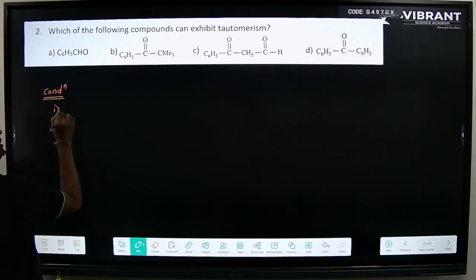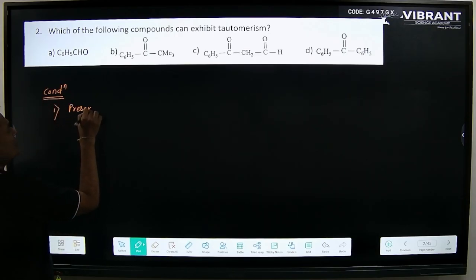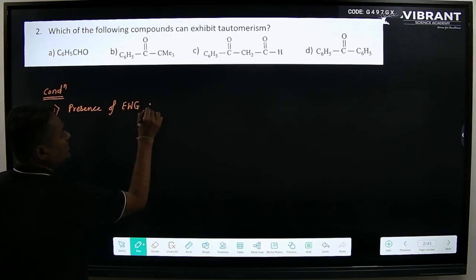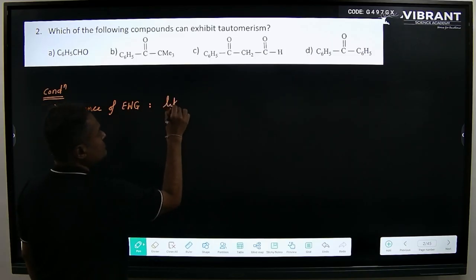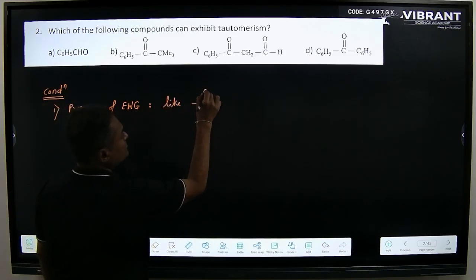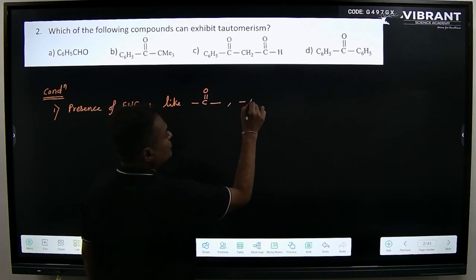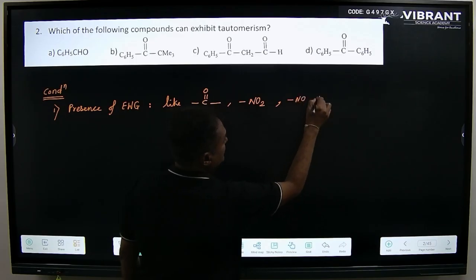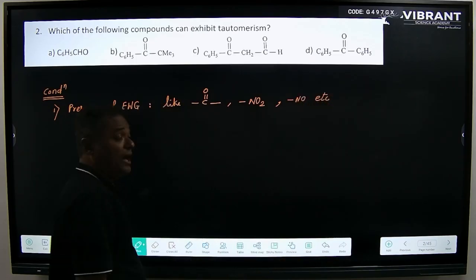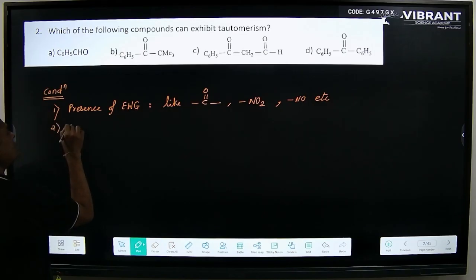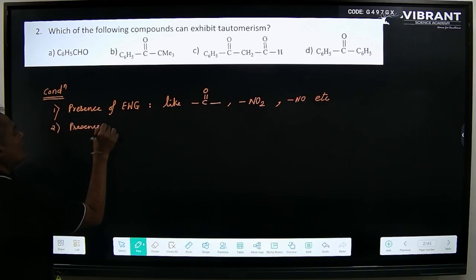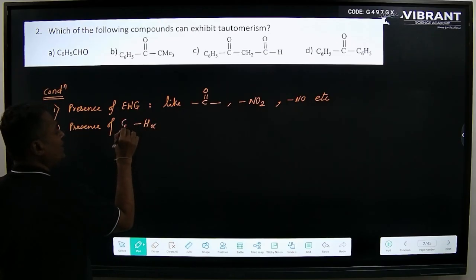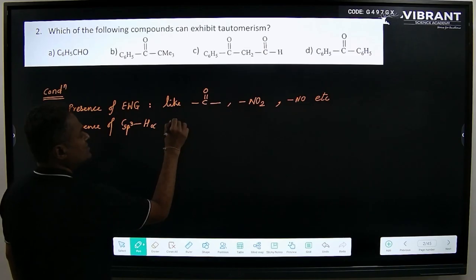The first condition is the presence of an electron withdrawing group, and examples are the carbonyl group of an aldehyde or a ketone, the nitro group, the nitroso group, etc. The second and most important condition is the presence of alpha H, which must be attached to an sp3 carbon.